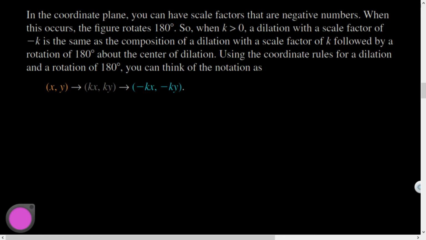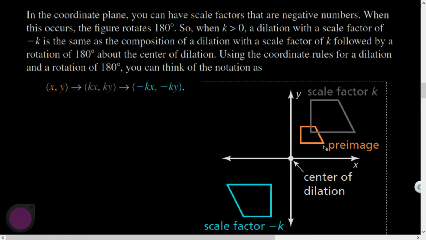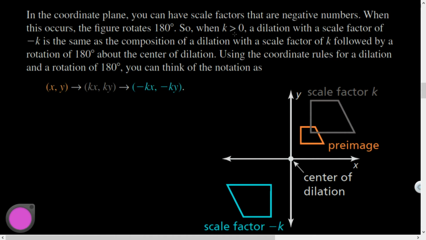When this occurs, the figure rotates 180 degrees. When k is greater than 0, a dilation with a scale factor of negative k is the same as the composition of a dilation with a scale factor of k followed by a rotation of 180 degrees about the center of dilation.